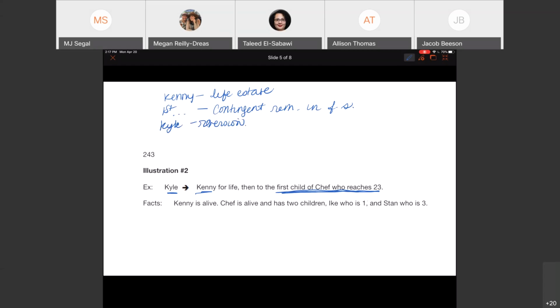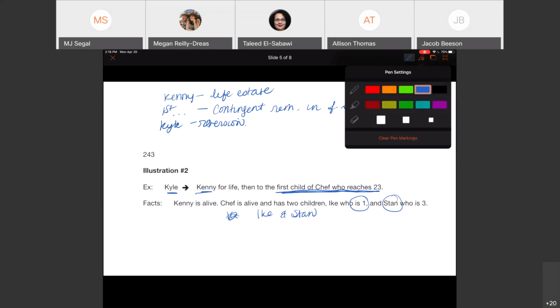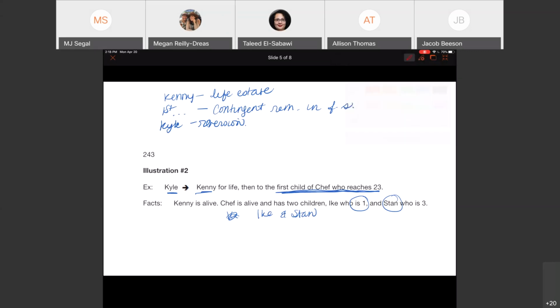So we know that there is already Ike and Stan. But because this is a contingent remainder, we're going to have to test to see if RAP applies.